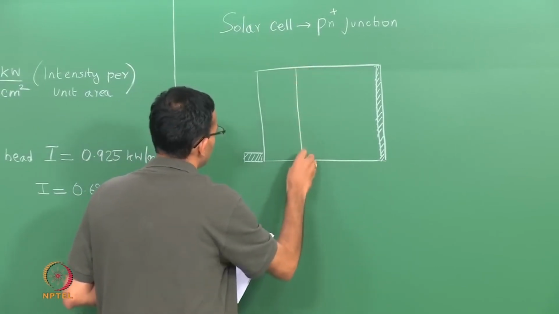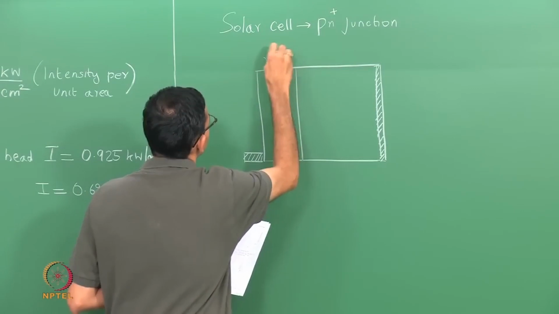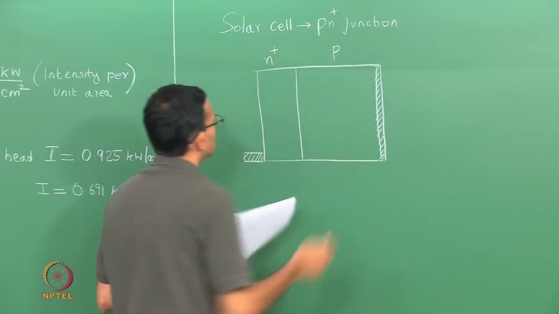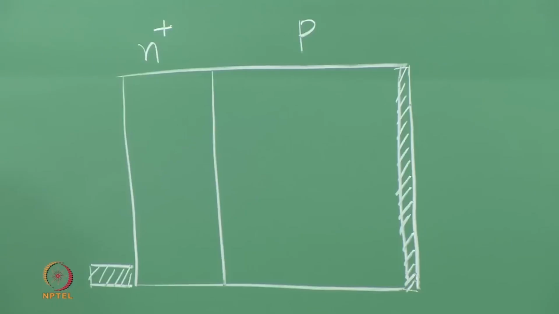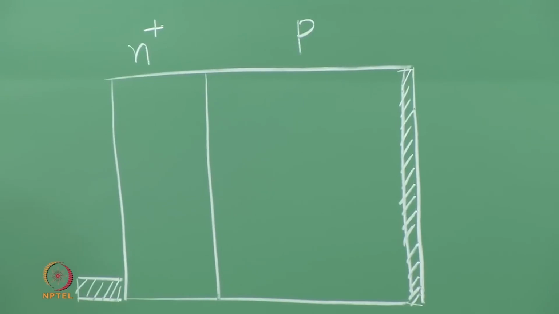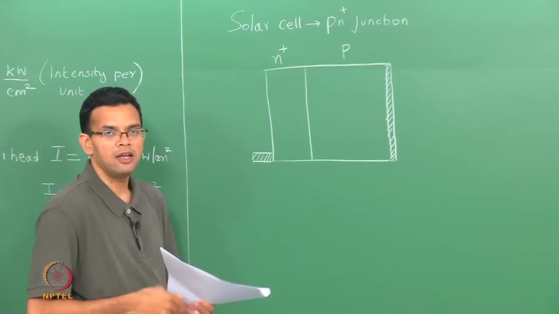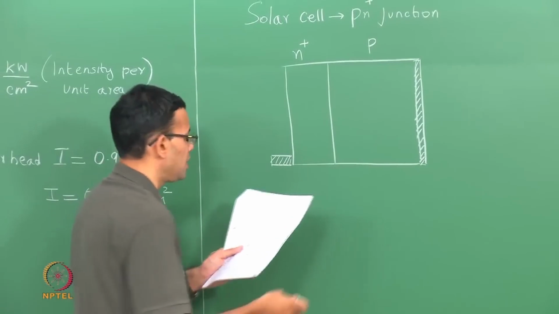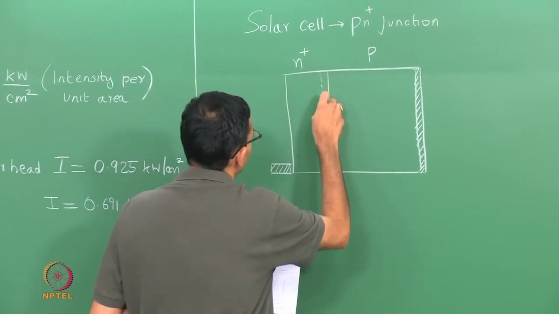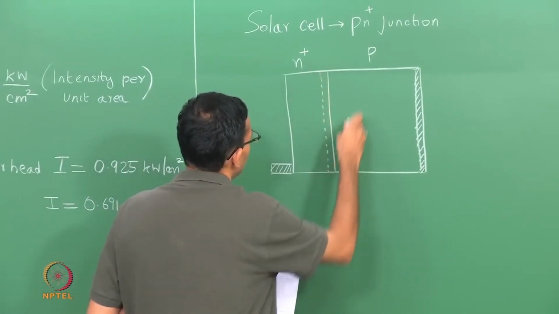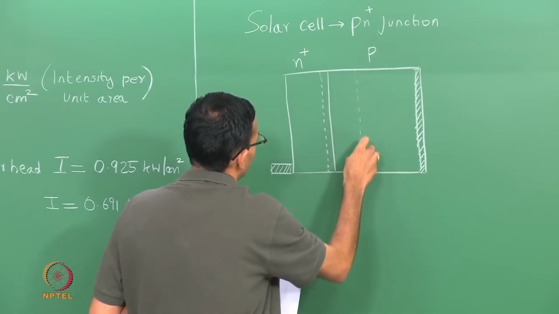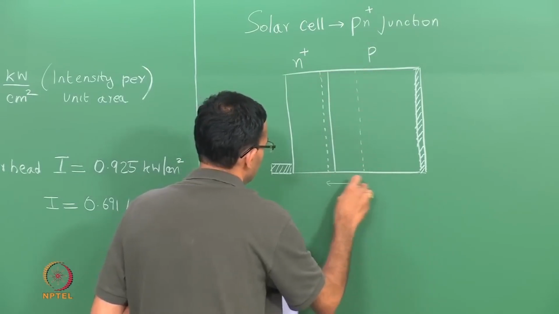So this is the interface between the n plus and the p region. The n plus region is heavily doped. In this case, the depletion region will lie almost entirely on the p side. So I have a very thin depletion region on the n side, and it is a lot thicker on the p side.